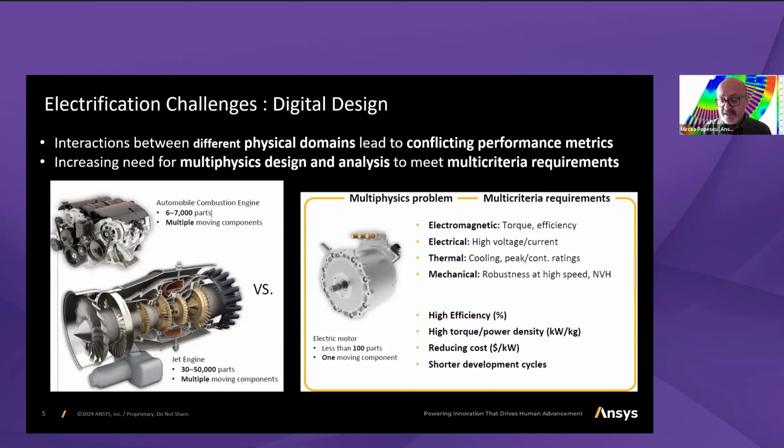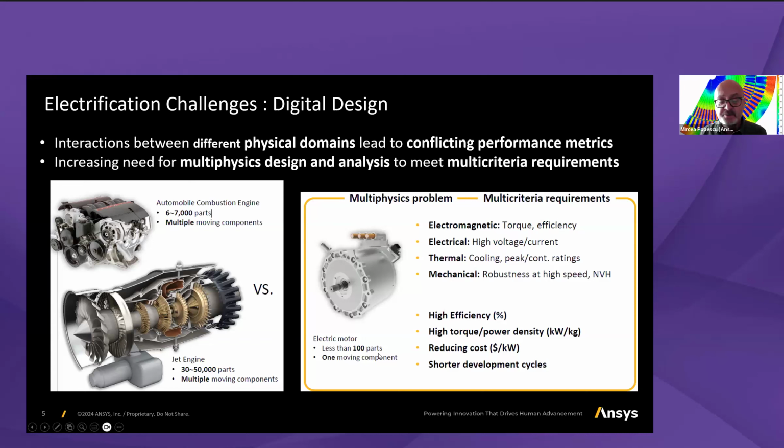From the digital design point of view and electrification, if you see here on the left-hand side, if we look at existing engines, either one from a vehicle, automobile combustion engines, or a jet engine, you can see how many parts are in here, complicated assembly, a certain cost. Then we can migrate into electrical machines.